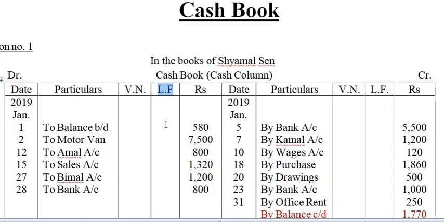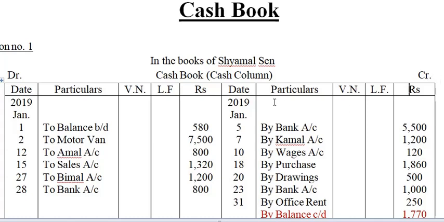We have already discussed this in the previous video. So it must have an LF column, ledger folio, and the amount column. Similarly, date, particulars, VN, LF, and rupees or amount towards the credit side.